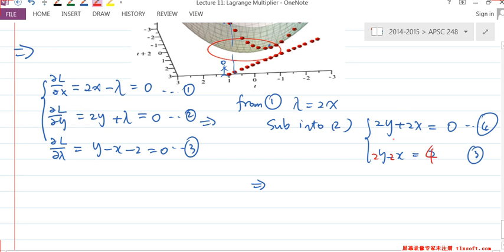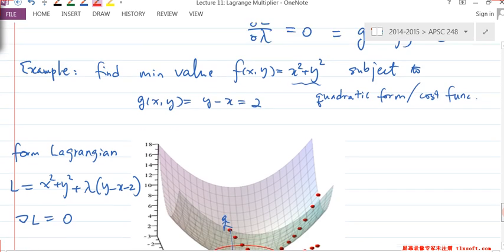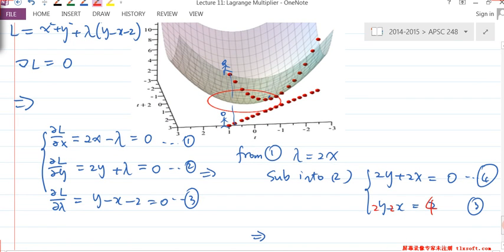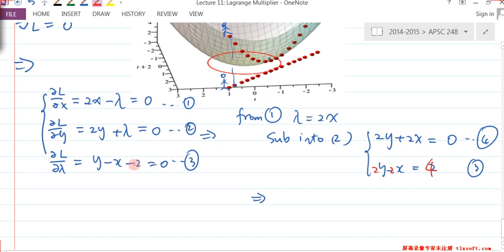Did I make a mistake? Oh, anyway, my lecture notes have y minus x minus 3, but that's okay. We use a 2 here. So what do we get? y equal to 1.